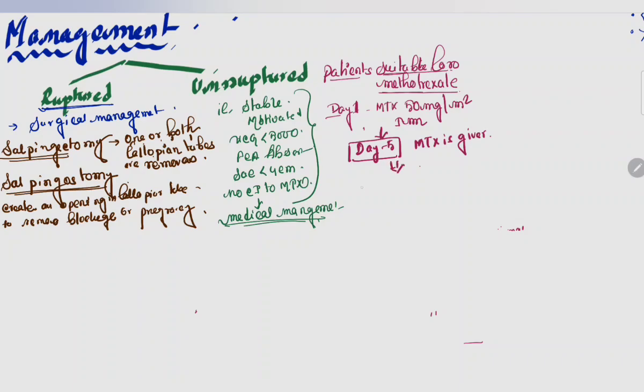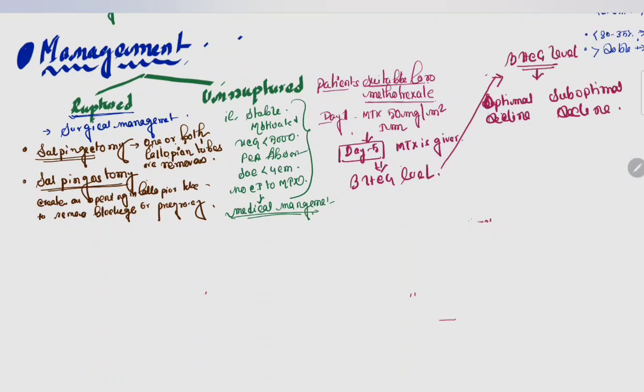Then check the beta HCG level. If optimal decline of the beta HCG level occurs between 1 to 5 days, do weekly monitoring of beta HCG level until beta HCG level is less than 25 international units.